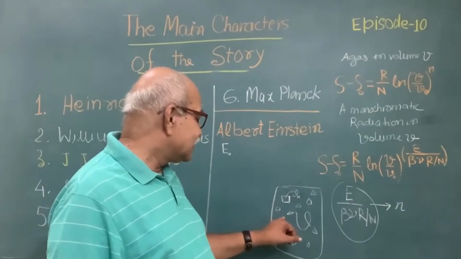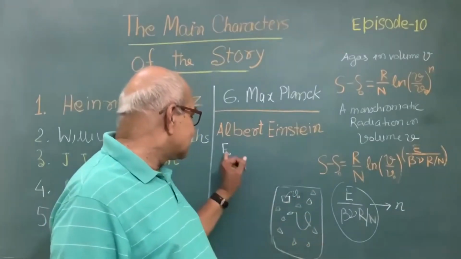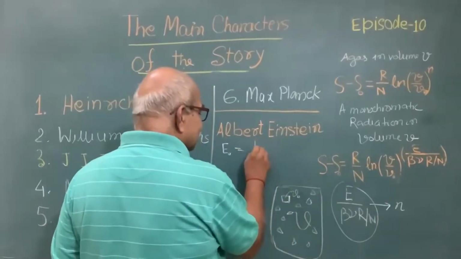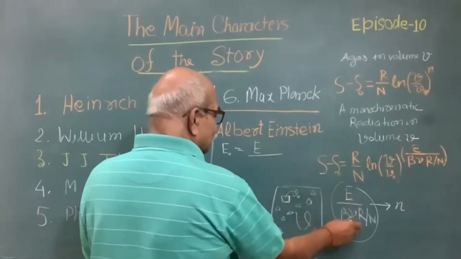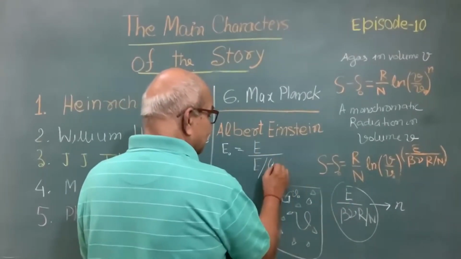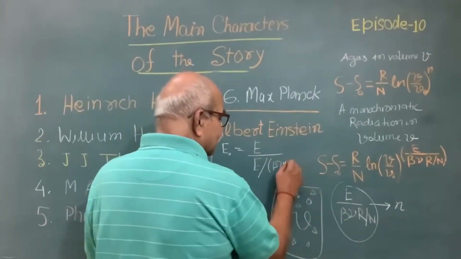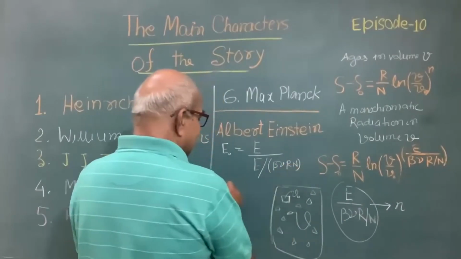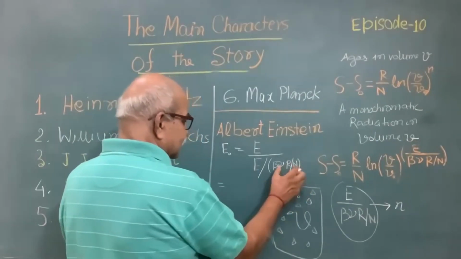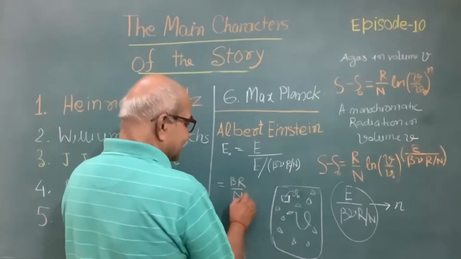Assuming that all of these have the same energy, this energy will be equal to the total energy E divided by this whole thing, E by beta nu capital R by n, and that is just this, beta capital R by n, and then nu.